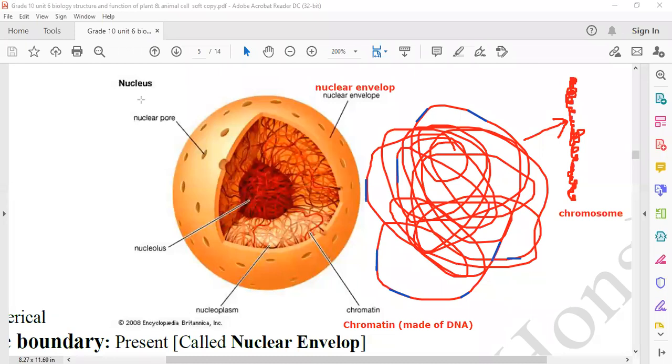Okay. Inside the nucleus, there will be another small size ball. This small size ball is called the nucleolus.